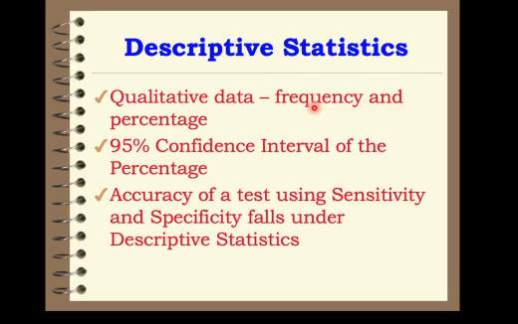And then the 95% confidence interval of the proportion or frequency can also be calculated. Accuracy of a test using sensitivity and specificity falls under descriptive statistics.